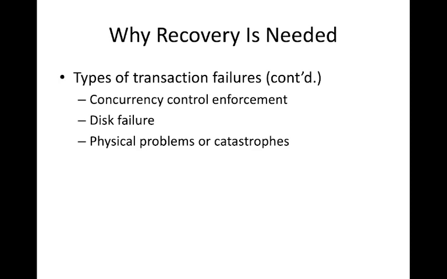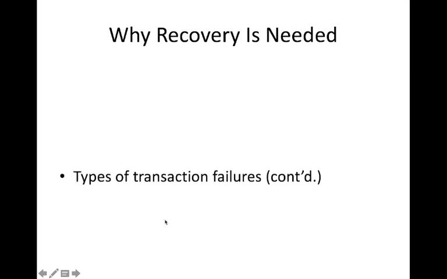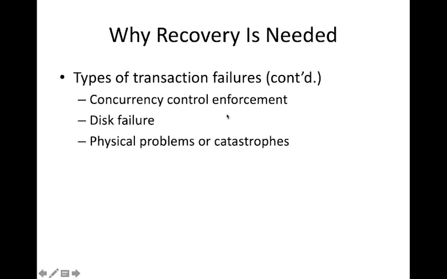This can be air conditioning failure, theft, or overwriting a disk by mistake. Of these, the first four failures, including concurrency control enforcement, are common, and types 5 and 6 are uncommon.